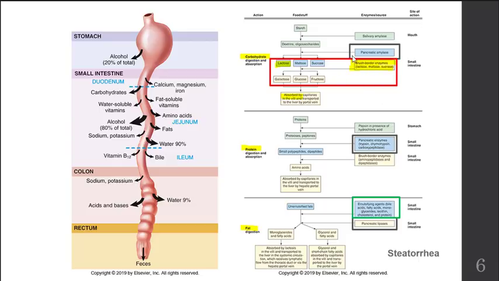These brush border enzymes are produced by enterocytes. And with loss of enterocytes, or viruses that temporarily damage the brush border or these enterocytes, people will experience a temporary lactase deficiency.